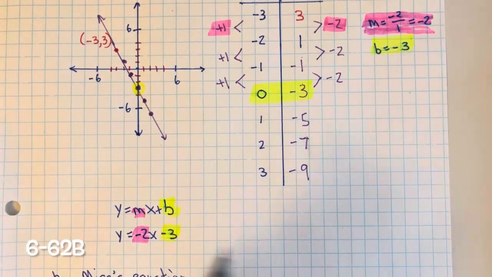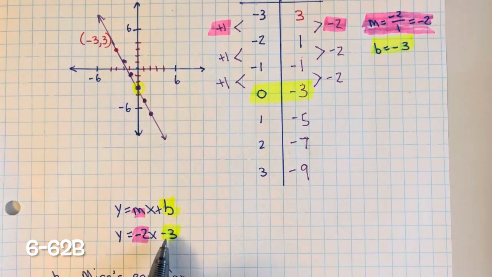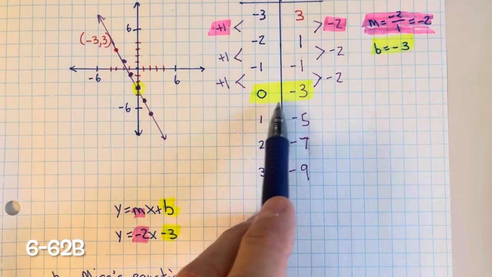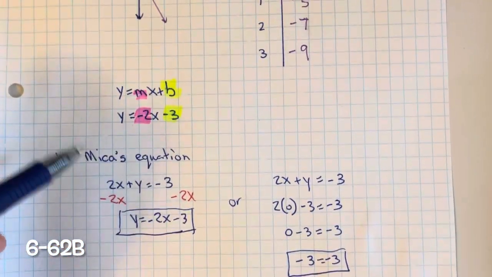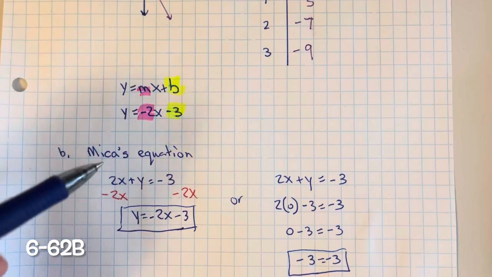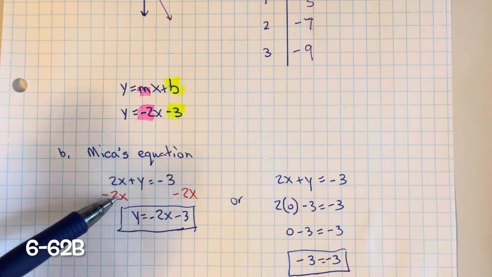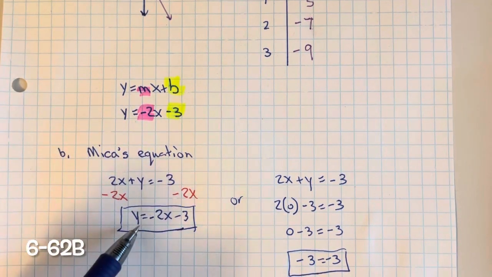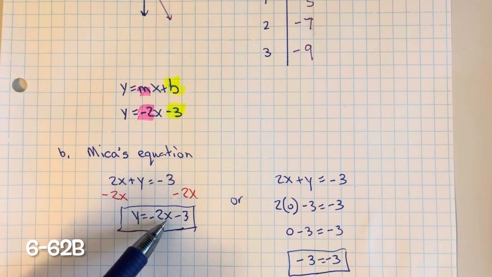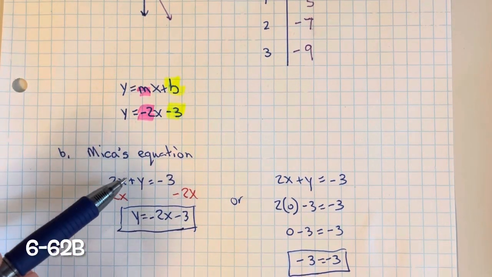So we know that our slope is -2, and our b, when x is 0, is -3. So if we look at Micah's equation, if we put it in slope-intercept form, y equals mx plus b, get y by itself, we subtract 2x from both sides, and we get y equals -2x minus 3. So Micah's equation is correct.